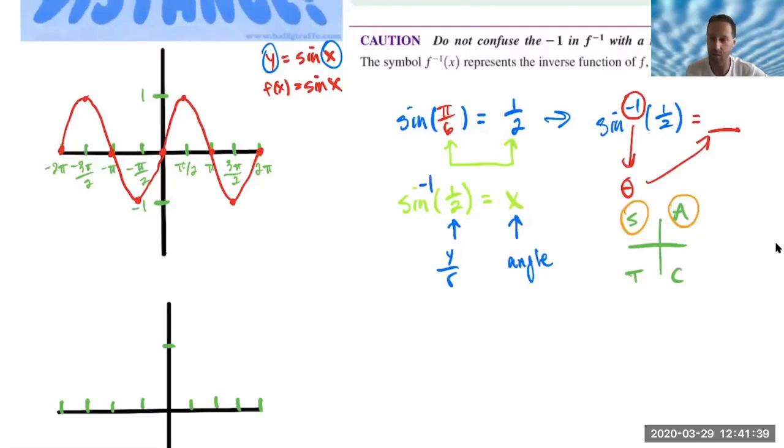And that's in quadrant 1 and quadrant 2. So which answer am I asking for? Do I want the one that is 30 degrees in this quadrant, or do I want the 30-degree reference angle in quadrant 2? Well, you wouldn't know. And so whatever we do, we want to make sure that we all get the same answer.